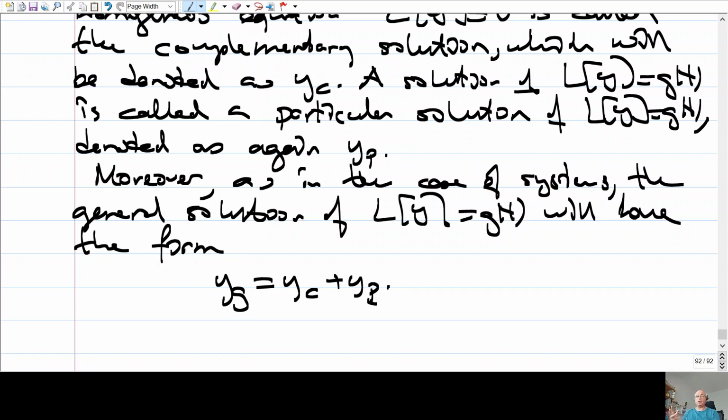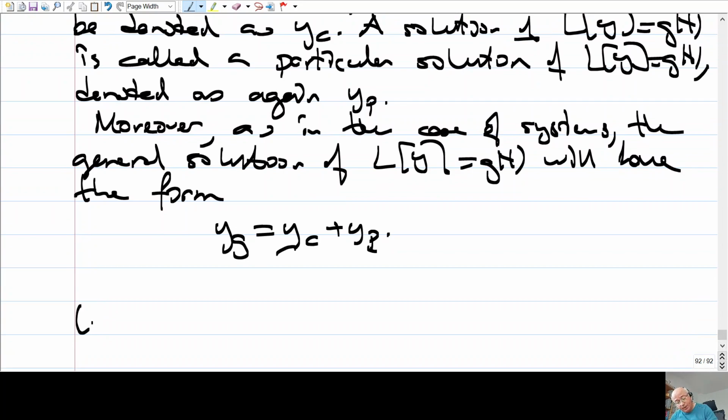Why is that? Because if you have two solutions, their difference is just a solution of the homogeneous equation. So the same idea works here, and we see that the general solution is nothing but the general solution of the corresponding homogeneous equation plus a particular solution.